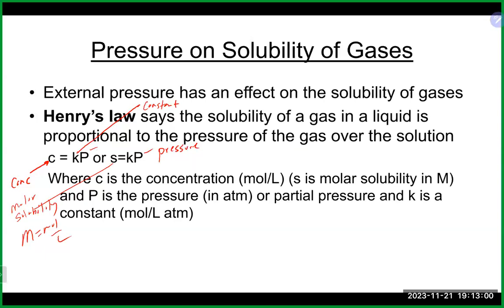So the idea behind Henry's law is this: when you have a soda can, just before you pop the top, you have a lot more of the CO2 dissolved in the liquid portion, because obviously the can is under a lot of pressure before you pop the top. As we just talked about, before you open the can of soda you'll have a lot more of the gas, CO2, dissolved in the liquid portion.